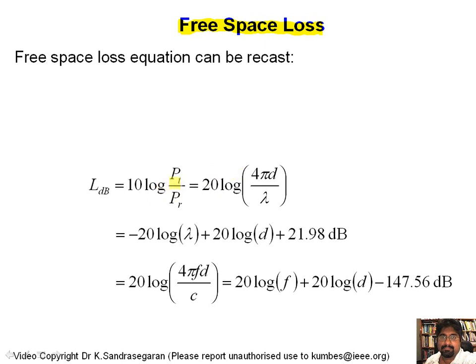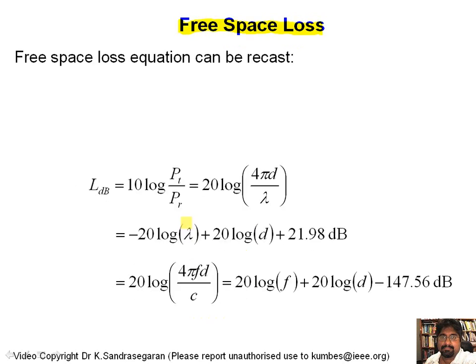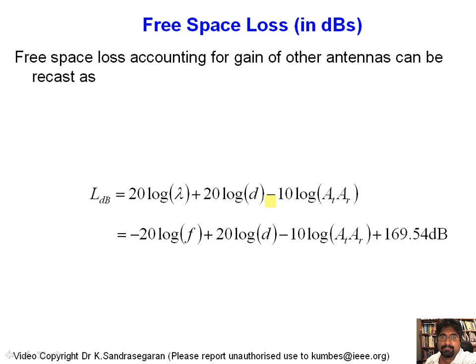And if you put the equation that we had in the previous slide into this expression here, you will get a term. So usually the path loss in dBs can be obtained mathematically using this equation. That's another way of expressing the same equation.